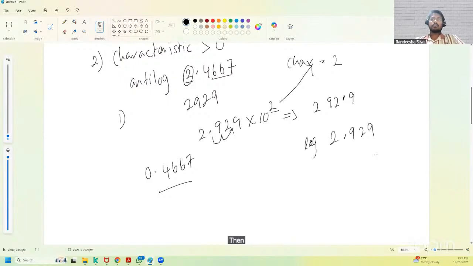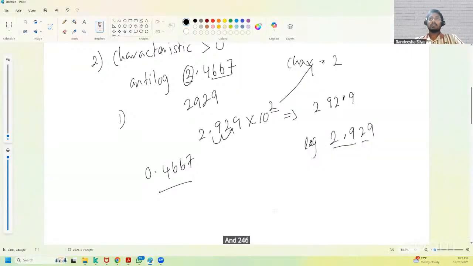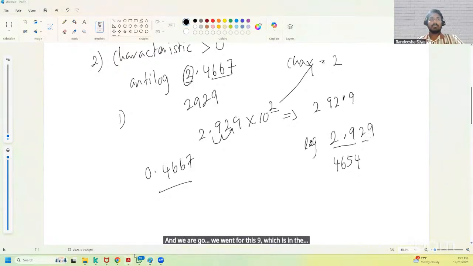Then, this is the basic first part we did, not the anti-logarithm, the first part. For this, we took the first two digits as the row number, 29, and 2 as the column. Then we went for 29 and 2: 4, 6, 5, 4. Okay, then we got 4, 6, 5, 4, and we went for this 9 in the mean difference.